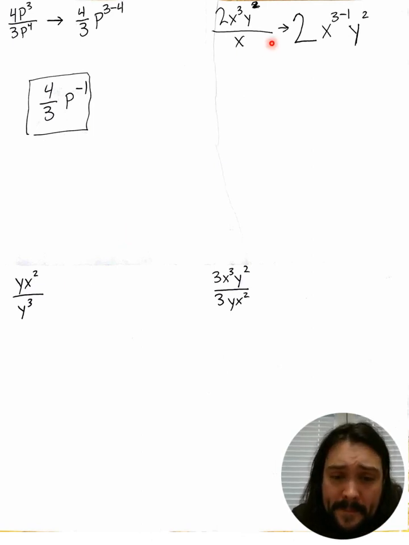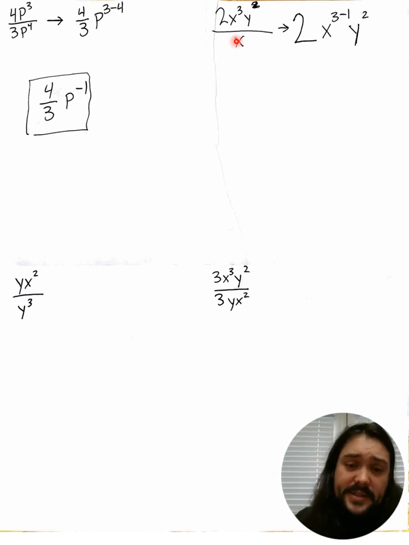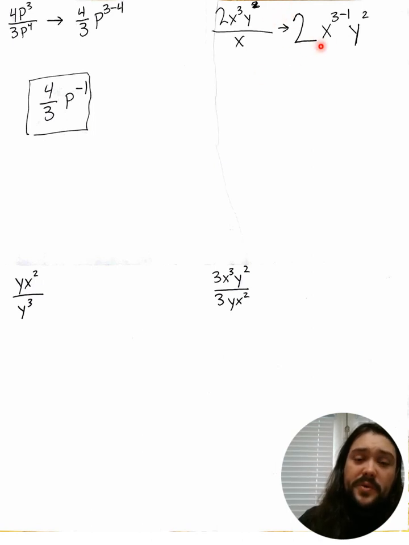All right, next we have 2x cubed y squared divided by x. So we have a coefficient of 2 right here, none on the bottom. Notice I didn't write the 1 down here because it's just 2. X, we have a 3 on the numerator as our exponent, minus 1, the x on the bottom, and then we have y squared.